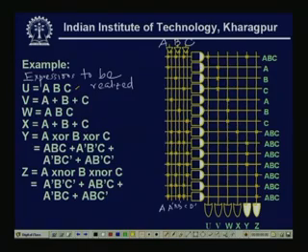So, there will be 11 minterms. Now, we have been given some more, and we see what the distinct minterms are.